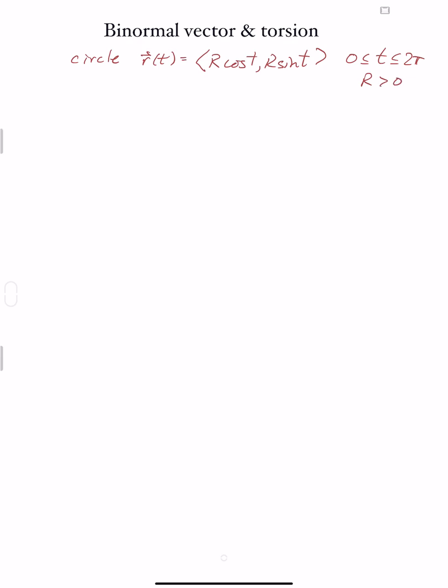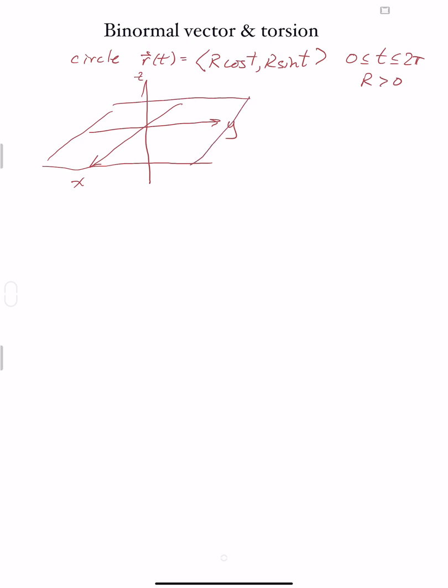You can think about that in the xy plane: if I take my normal plane and talk about the x and y components and then the z component, I'm talking about a circle in the xy plane, right?